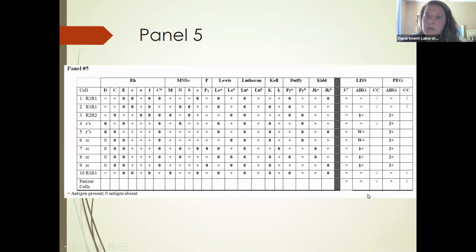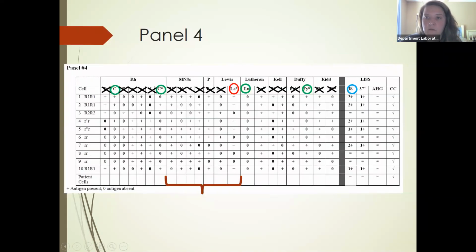So to spend the time and reagent on antigen typing is really not clinically necessary. Just to perform an AHG crossmatch and, of course, the initial spin crossmatch would be sufficient. As long as it's crossmatch compatible, that would be sufficient for transfusion because the Lewis's are not indicated to be associated with hemolytic disease of the newborn or transfusion reactions.